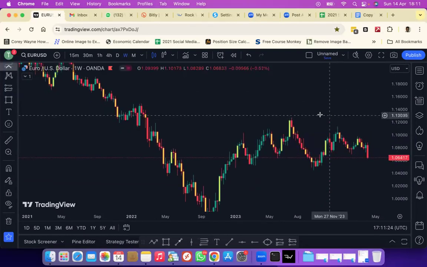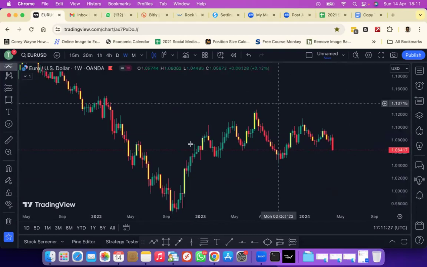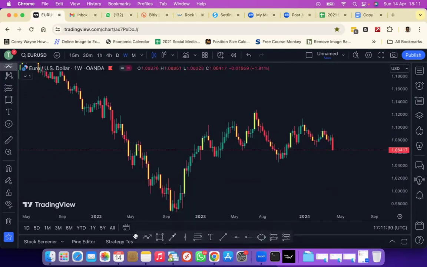Now, this is the weekly chart. When we look at the weekly chart, we want to understand the market structure. Once you understand the general direction of the market, you get a crystal ball structural alignment of the market. When we take a look at market structure, you see that price on the weekly time frame is very, very bearish.